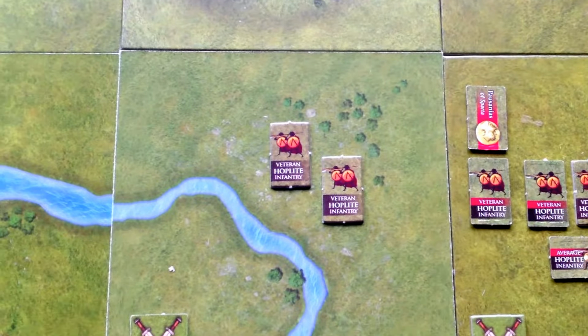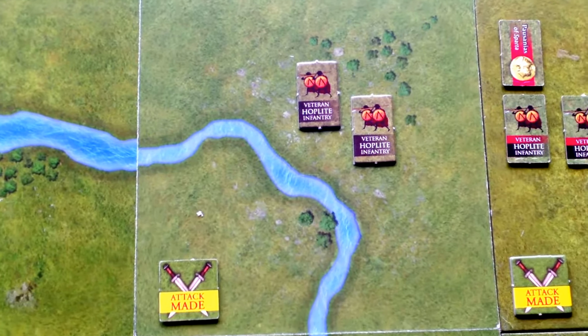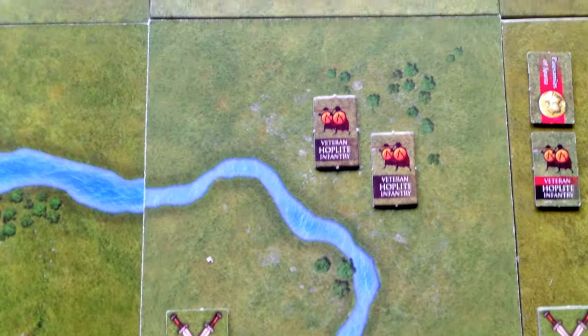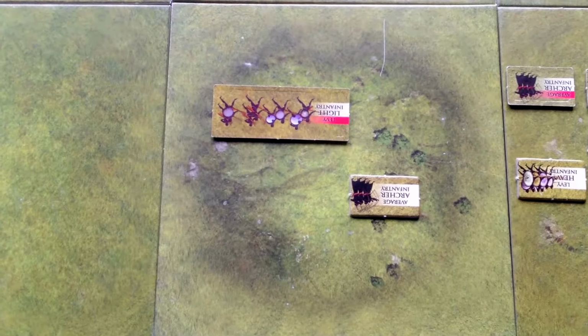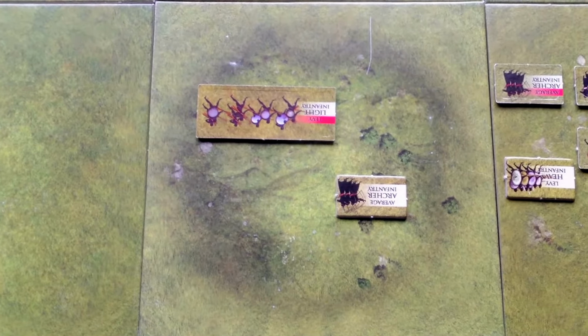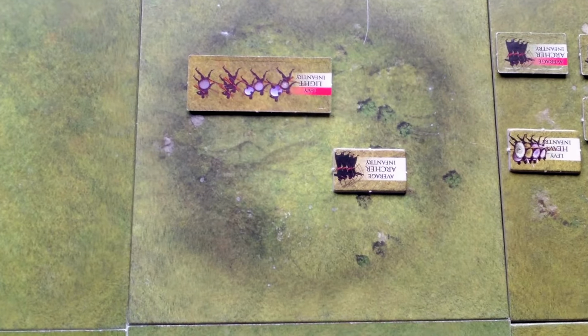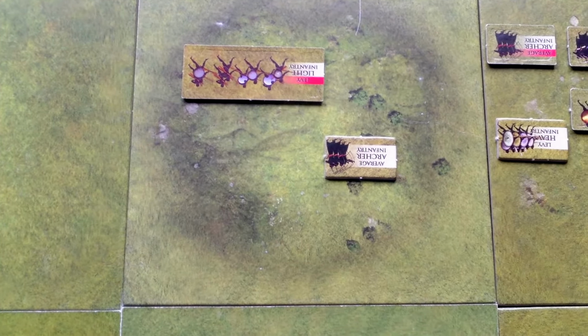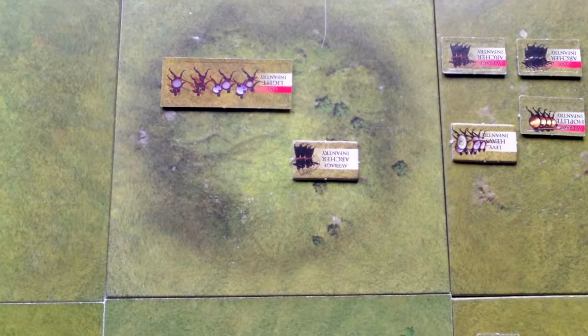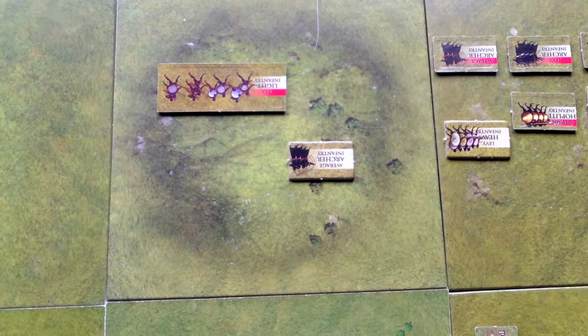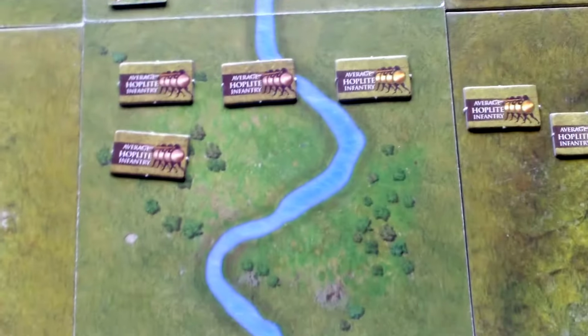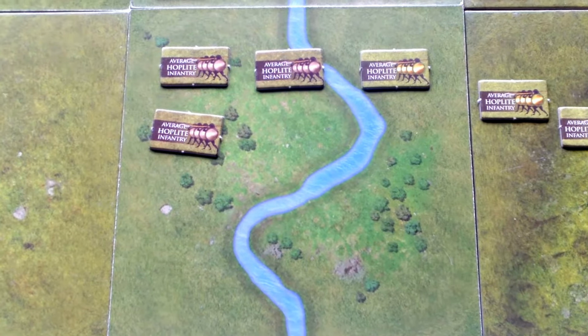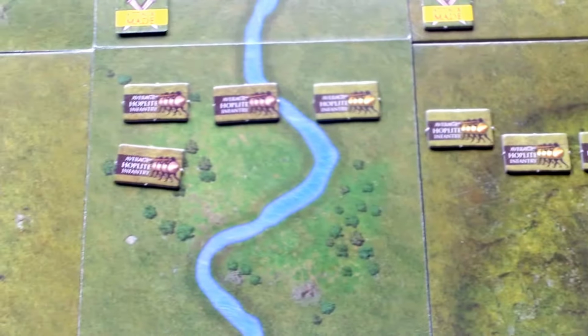Over here, the veteran hoplites have made an attack up the hill, inflicted some damage on the light infantry who've withdrawn back to the mass of archers who withstood the second attack, and now the Greeks have got all their troops on the field and they can taste the victory at this point.